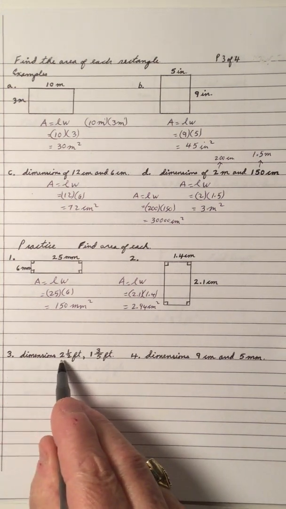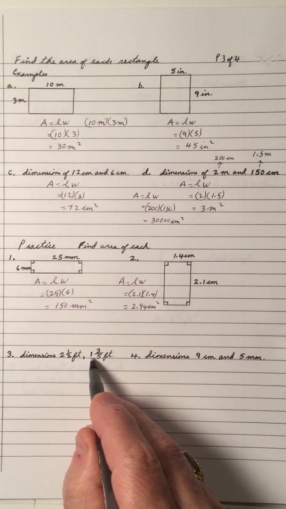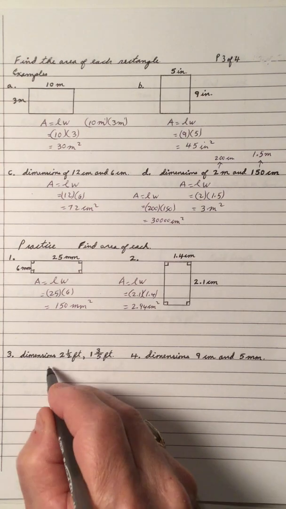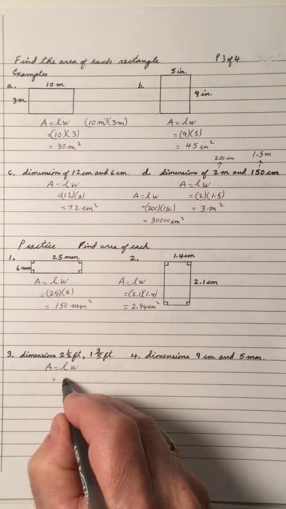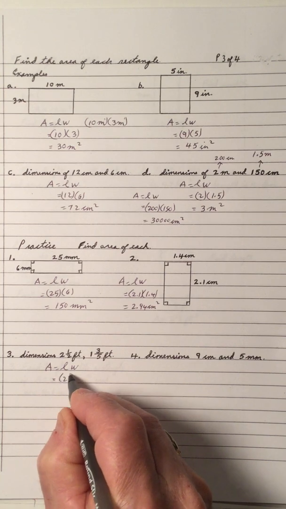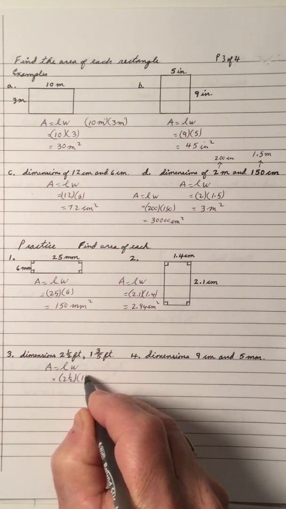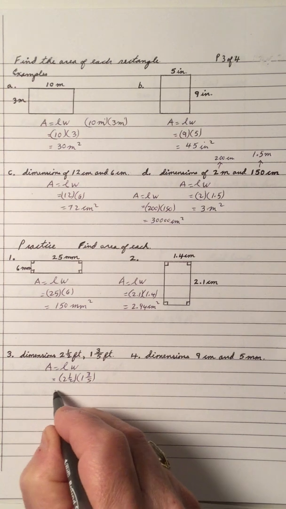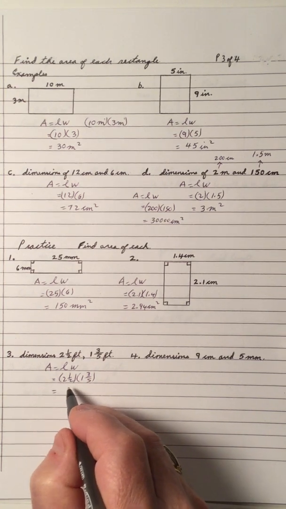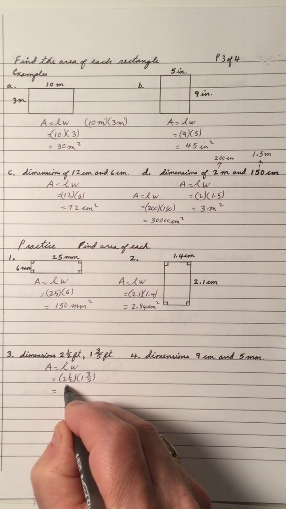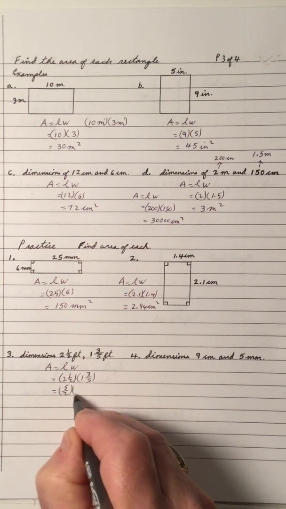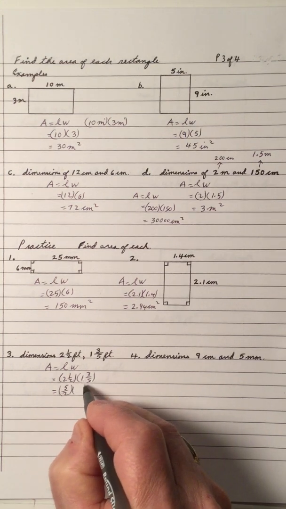Number 3, dimensions of 2.5 feet and 1 3/5 feet. The area is length times width. The units are the same, so the length is 2.5. The width is 1 3/5. And when we multiply with mixed numbers, we change them to an improper fraction. 2 times 2 plus 1 is 5 over 2. 1 times 5 is 5, plus 3 is 8 over 5.